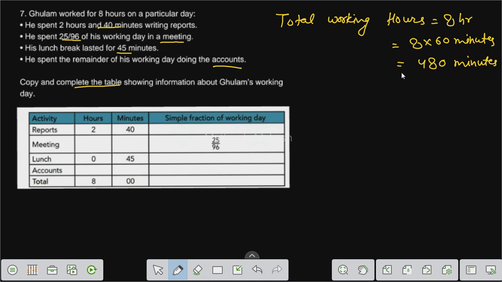So this is the time Ghulam worked in a particular day. Okay, it means 480 minutes he does the work.